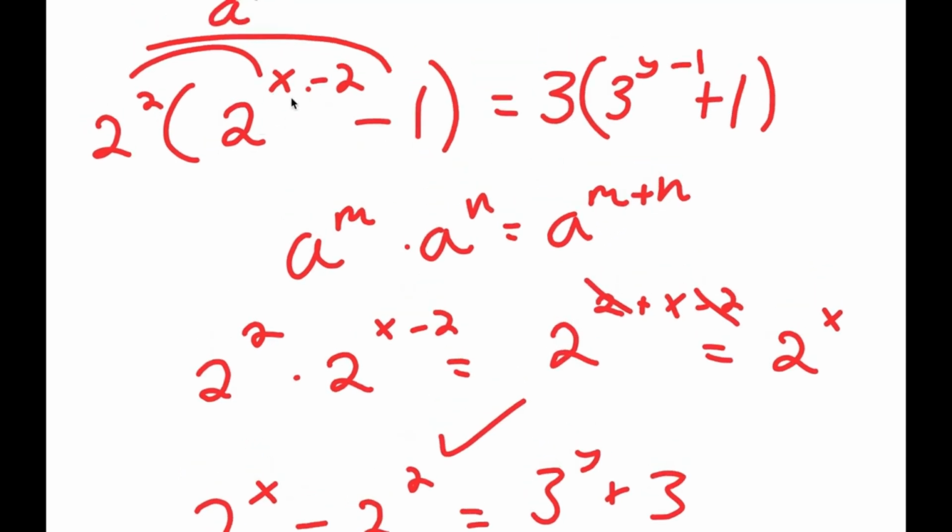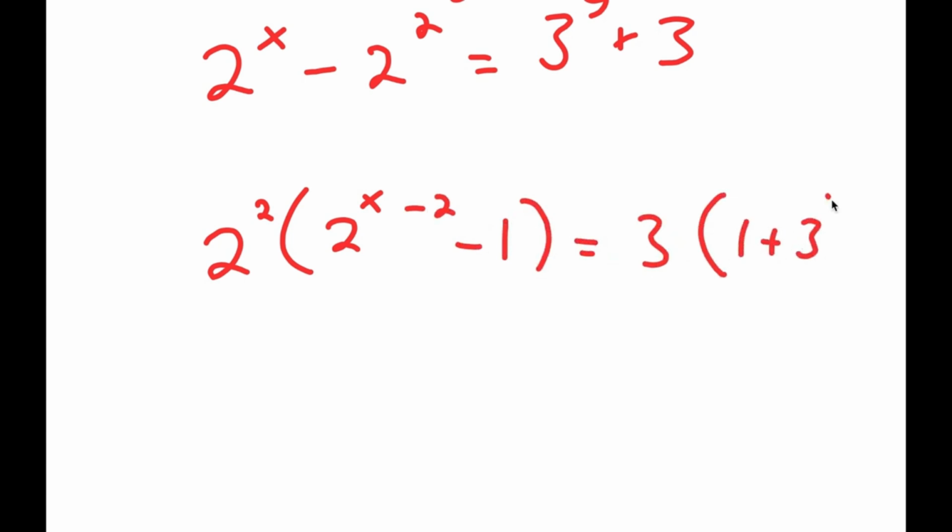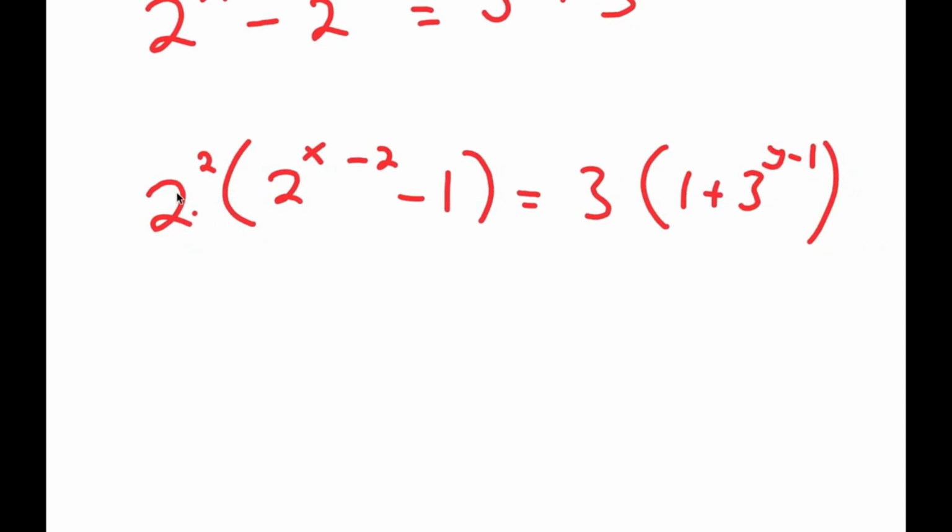So now going back here, let me rewrite this. I have 2 squared times 2 to the power of x minus 2 minus 1 is equal to 3 times 1 plus 3 to the power of y minus 1. And notice how 2 squared, that's equal to 4, is an even number, and 2 to the power of x minus 2, well, 2 to the power of any number is even, and an even number minus 1 is going to be odd.